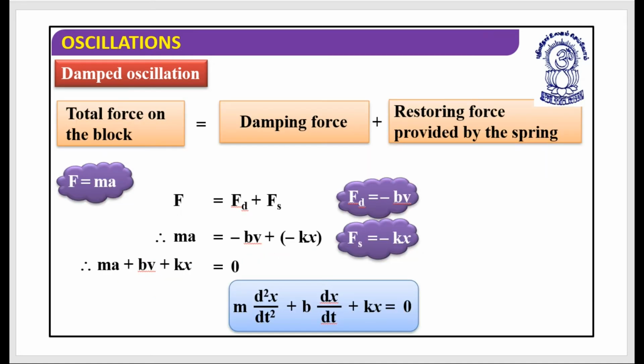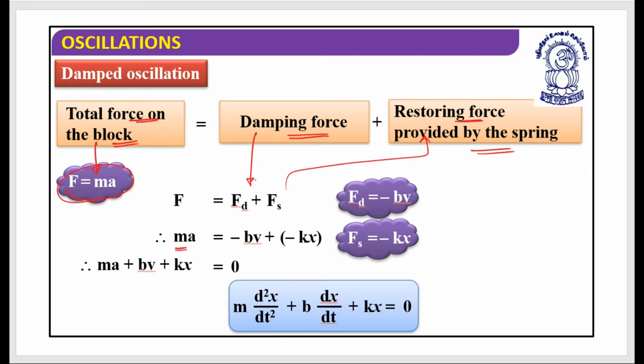So the total force on the block would be equal to the damping force plus the restoring force that is provided by the spring. We know that the total force on the block, F = ma, is equal to the damping force Fd plus the spring force Fs.